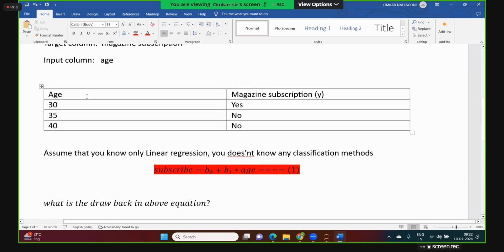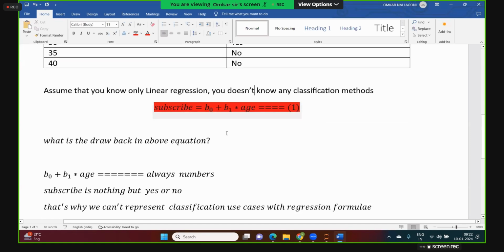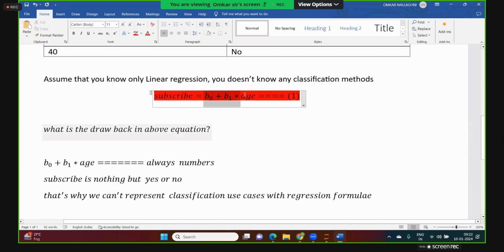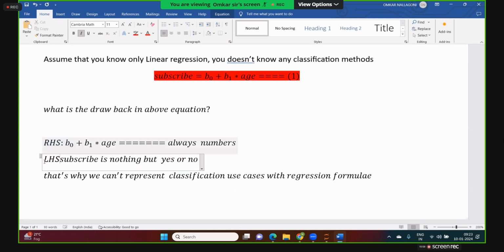Before linear regression, you don't know any classification problem. That's why based on your mindset, you wrote subscribe equal to beta naught plus beta 1 age. But what is the drawback in this? This beta naught plus beta 1 age is called the RHS equation. The RHS equation always gives numbers, but your LHS, subscribe, is nothing but yes or no. That's why numbers are never equal to yes or no. That's why you can't treat classification problems as regression problems.